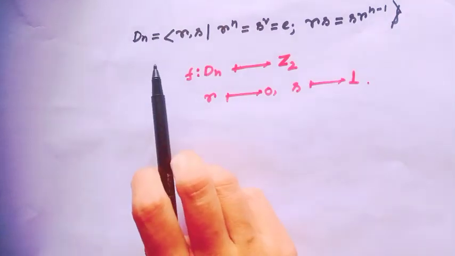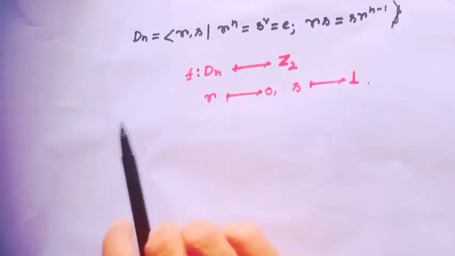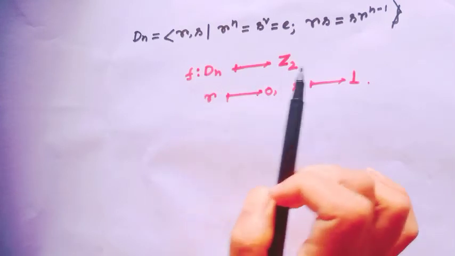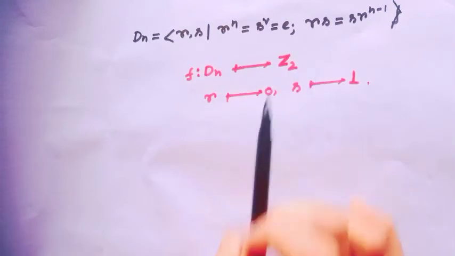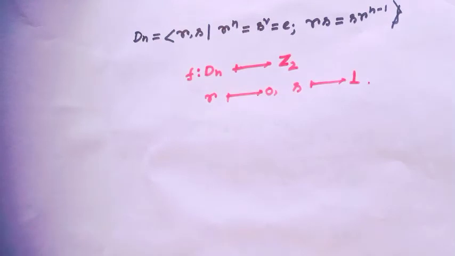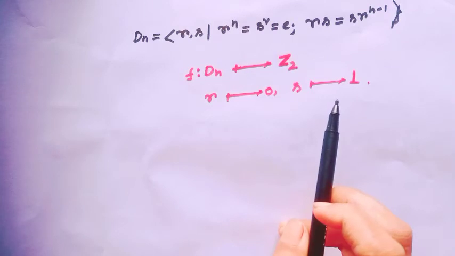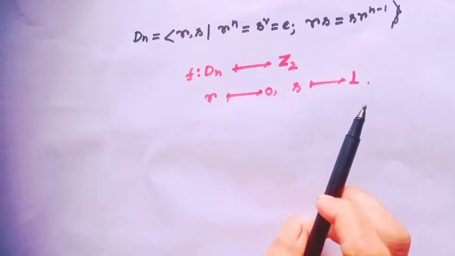The Dn group. We all of us know the Dn group. Now construct a mapping f from Dn to Z2 such that the set of all rotations sends to 0 and the set of all reflections sends to 1.